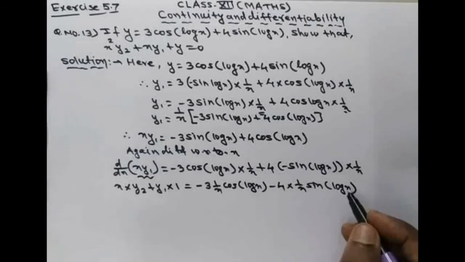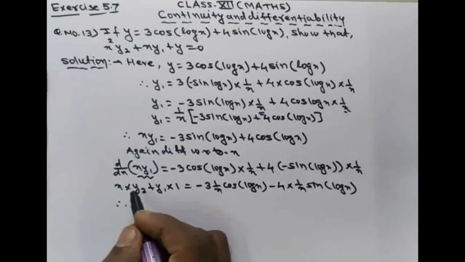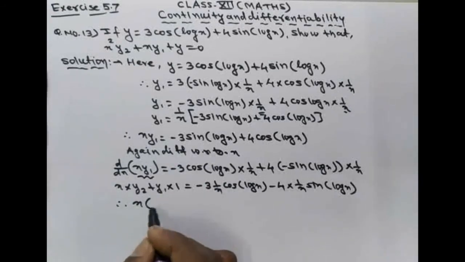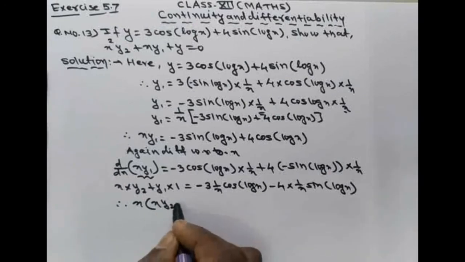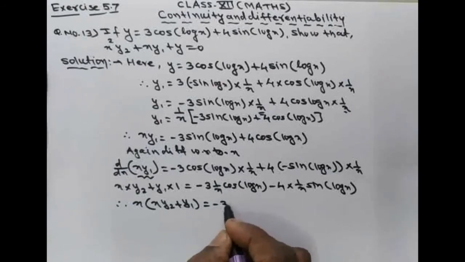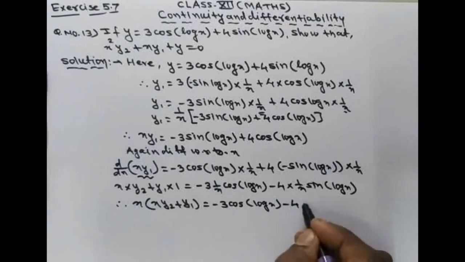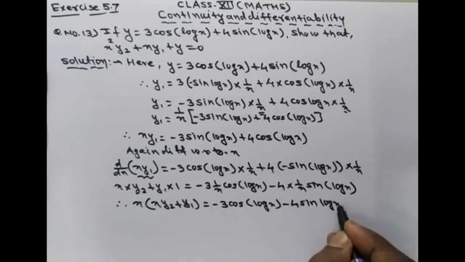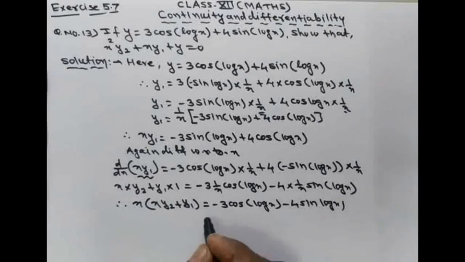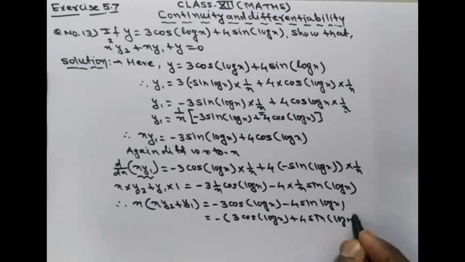Okay, so therefore you take this x to left hand side. This will be x into bracket x y2 plus y1 equals minus 3 cos log x minus 4 sin log x. Taking minus as common, 3 cos log x plus 4 sin log x.